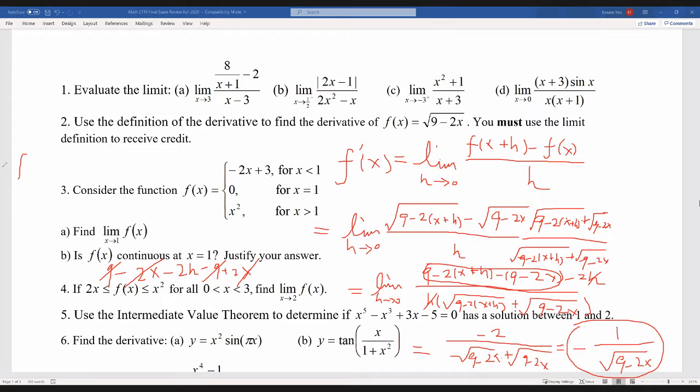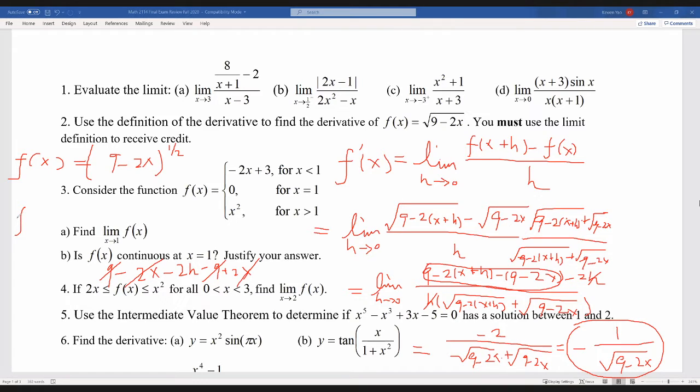So f of x, write this in power form, 9 minus 2x to the power 1/2. You can use the chain rule to find the derivative.